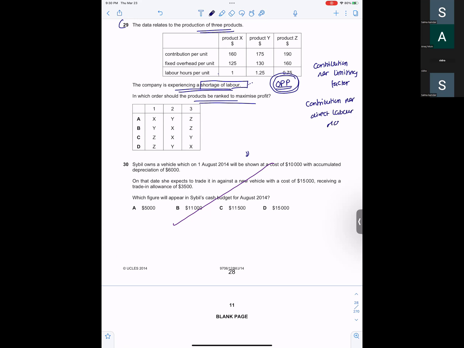Find the contribution per direct labor hour: contribution per unit divided by labor hours. So 190 divided by 0.75 is how much? 253.33.